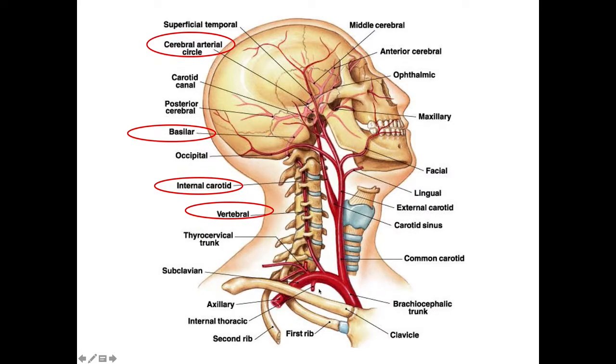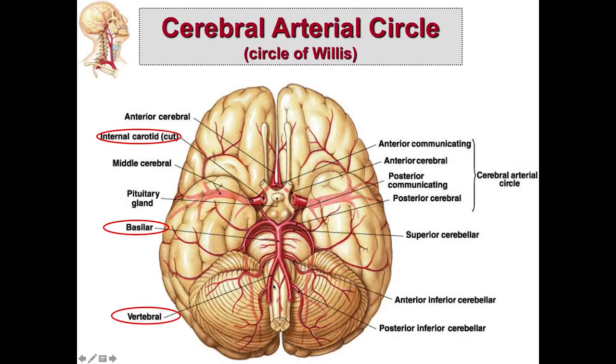So now that we have the front and back regions of the brain, let's look at another perspective that gives us some insight into these systems and how they work. This is the cerebral arterial circle, and the Circle of Willis, another great band name, if you will.